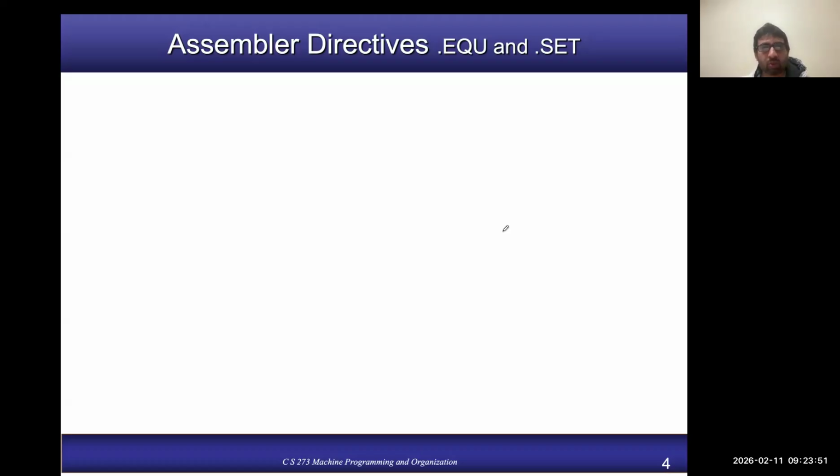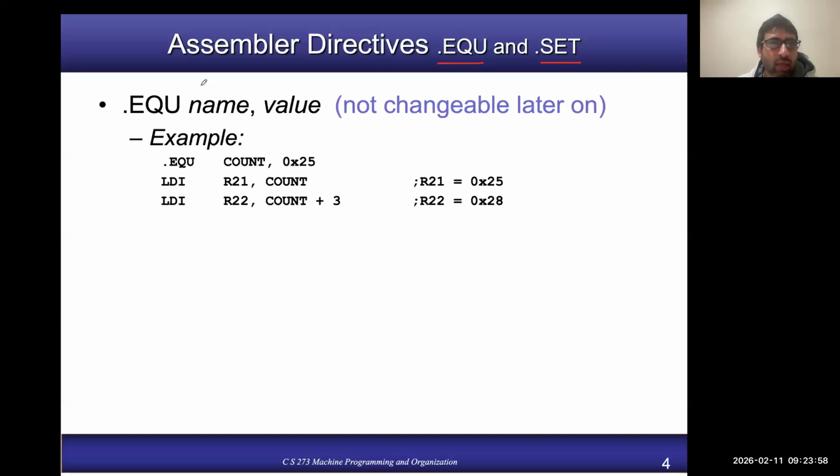The first two directives we are going to talk about are the equate directive and the set directive. So what is the syntax of the equate directive? You just put .EQU. Note that you need to put the dot; all directives start with a dot. And then after that, you put the name and the value.